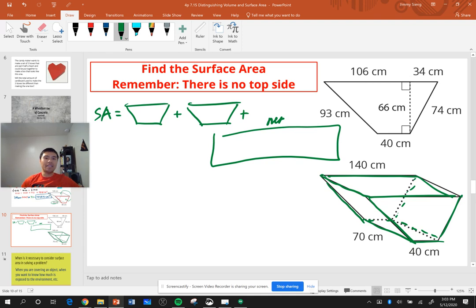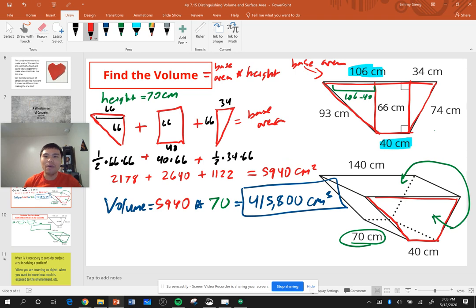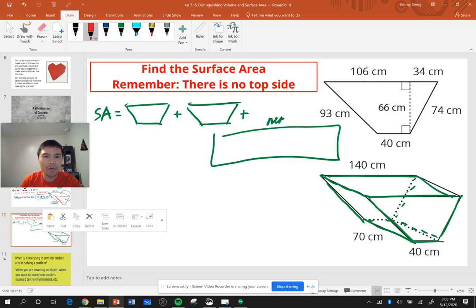We'll figure out the net in a bit, but let's keep in mind that we already know what the surface area is for these faces of the prism, right? It goes back to here. I found in red that it's 5940 centimeters squared.